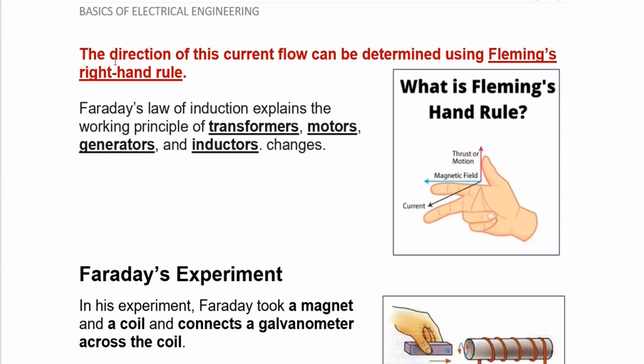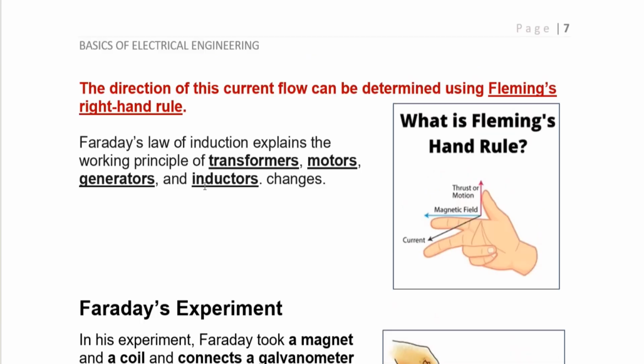Now, the direction of the current can also be determined using Fleming's right hand rule.